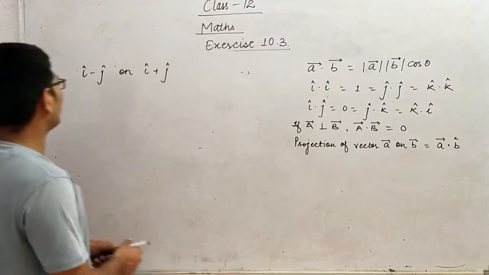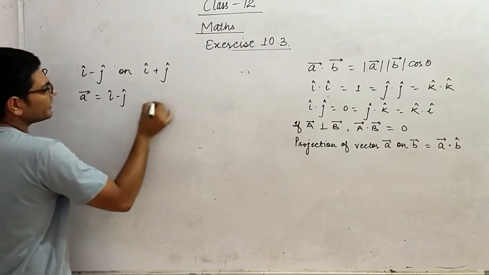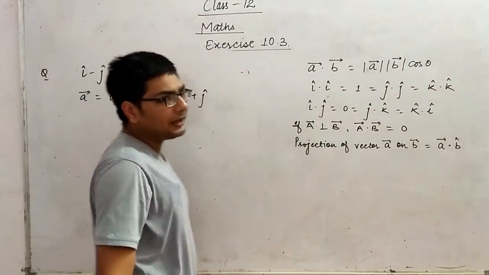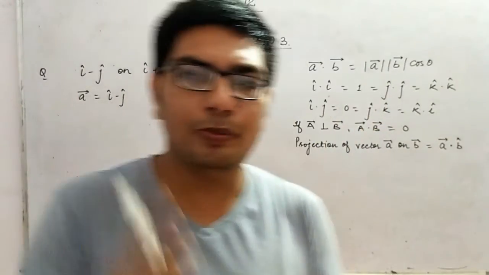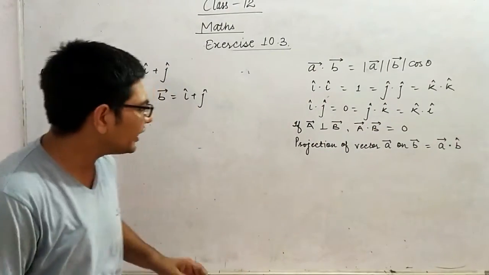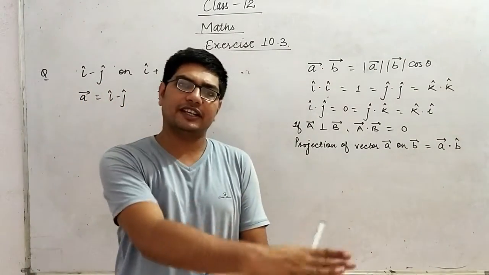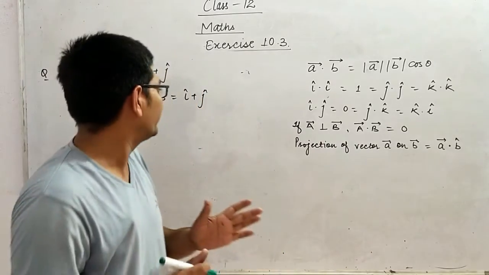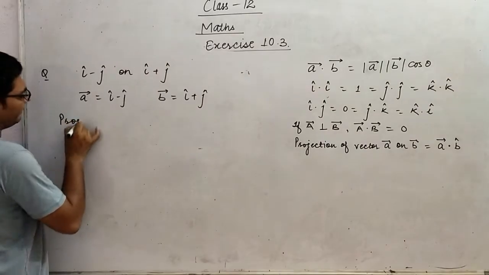So this is your vector A and this is vector B. Just keep in mind one thing: the vector which needs to be projected is vector A, and the vector on which you are projecting is vector B. Never get confused with it. So I have to find the projection of vector A on vector B.